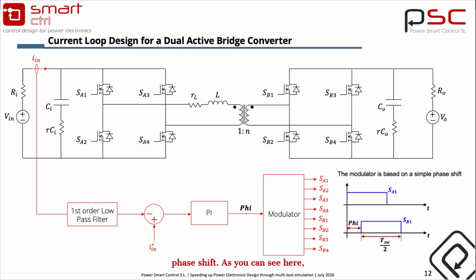We control the power flow with the phase shift angle between the gate signals from the primary to the secondary. The gate signals are also fixed, as you can see here, at half of the switching period.